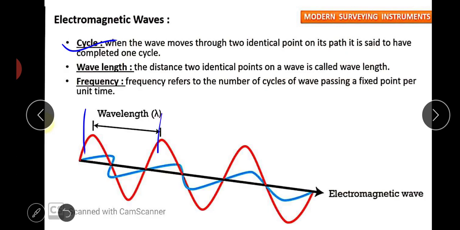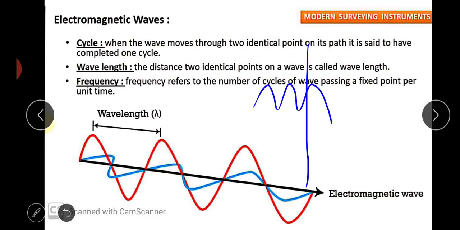Wavelength is the distance between two identical points of a wave, such as crest and crest. Frequency refers to the number of cycles of a wave passing a particular point per unit time, say 1 second.